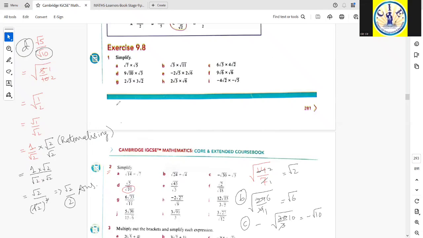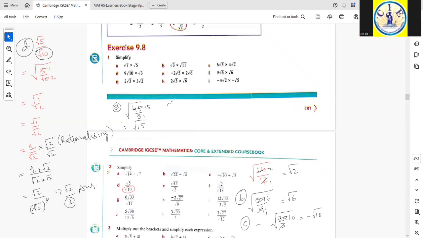Okay, for part E now, square root of 15, and square root of 15 is going to be its final answer, like 3 ones are 3, 3 fives are 15.